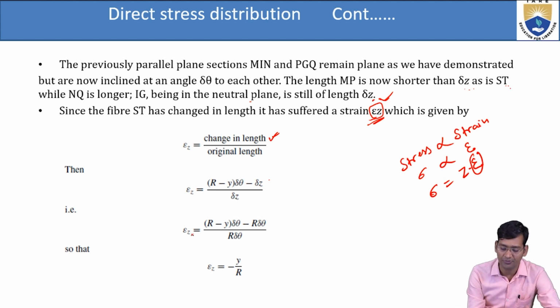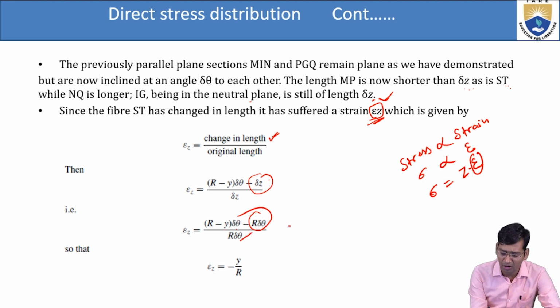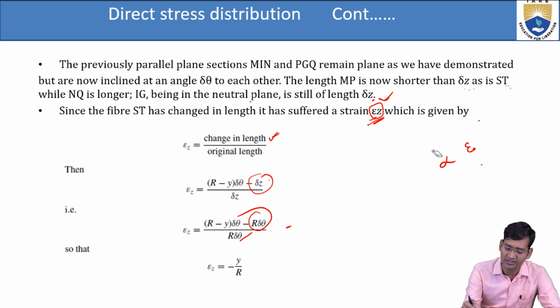So here, epsilon z equals what? R minus y into delta theta, minus delta z, by delta z. Now from the figure you can see that delta z equals R into delta theta, so just replace both places with R delta theta. Now let's multiply and expand this equation.